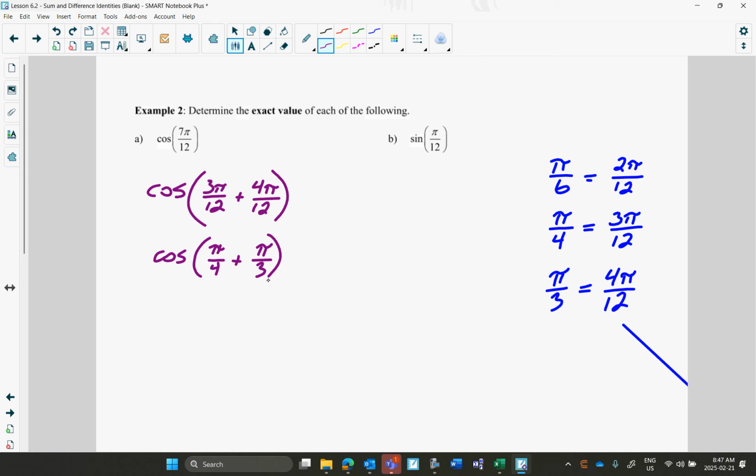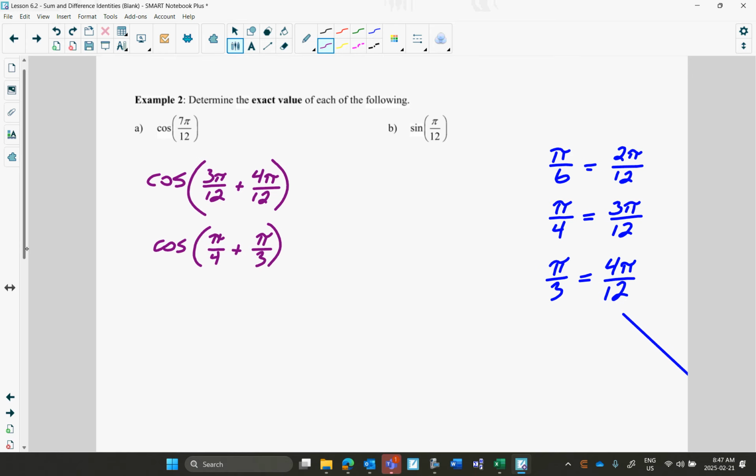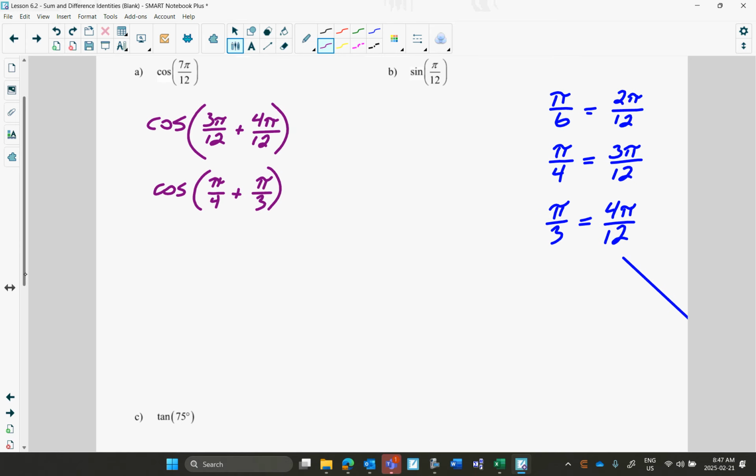Well, how do we do this? We got to go back to our formulas. This is where we expand it. When we take the cos of the sum of two angles, that's the one on the first column, second one down. Cos, and remember, those symbols are alpha plus beta, by the way, if you're not familiar with them. Okay.